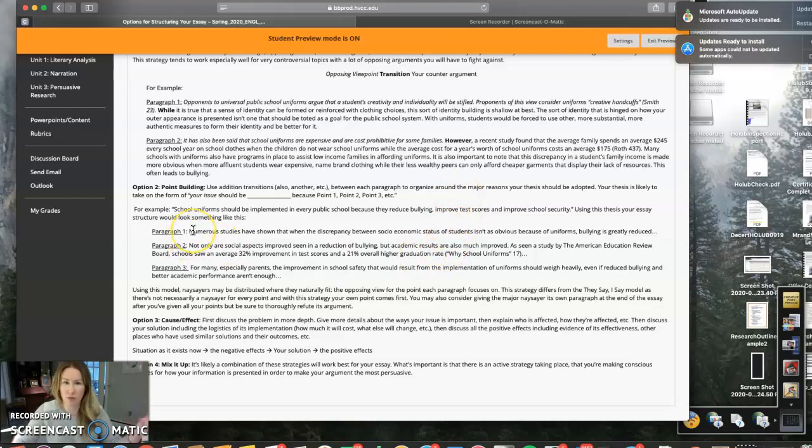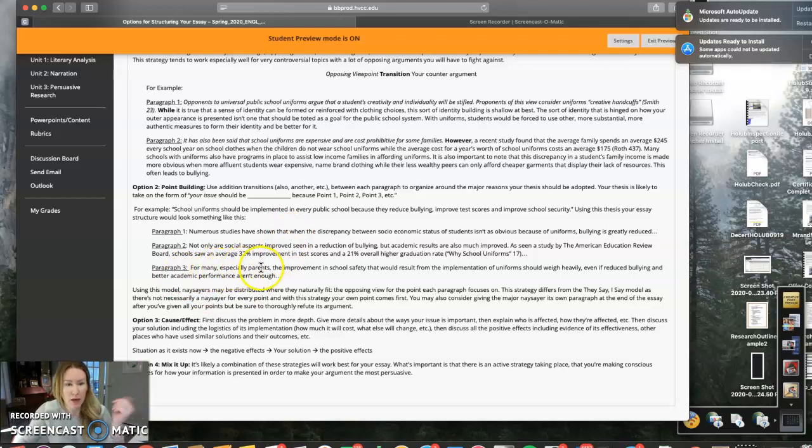So paragraph 1, if your first topic sentence looked like this: numerous studies have shown that when the discrepancy between socioeconomic status of students isn't as obvious because of uniforms, bullying is greatly reduced. And it continues on. Paragraph 2: not only are social aspects improved, seen in a reduction of bullying, but academic results are also much improved. So that kind of topic sentence is going to link to the previous point, and it makes it clear that you're just building, and here's a new point, as something else that would benefit the schools and the students themselves.